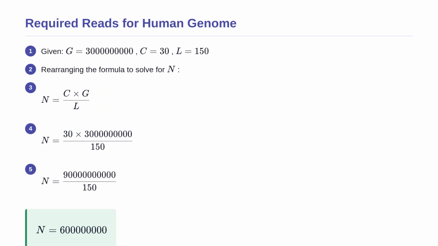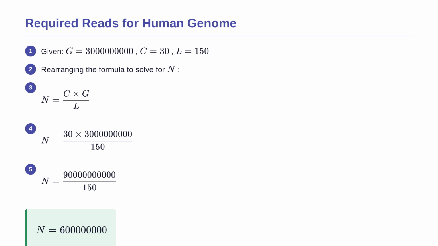Now that we have calculated coverage, let us try a slightly harder, real-world problem involving the human genome. The human genome is roughly 3 billion base pairs. If we want a high-quality coverage of 30 and our reads are 150 base pairs long, how many total reads must the machine generate?